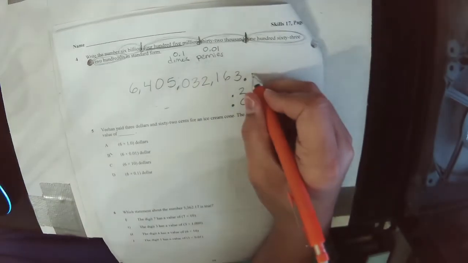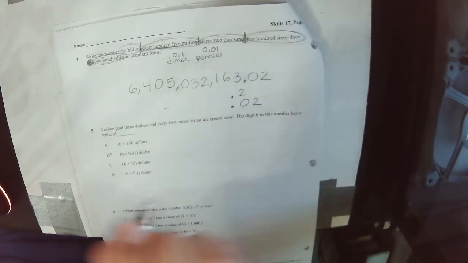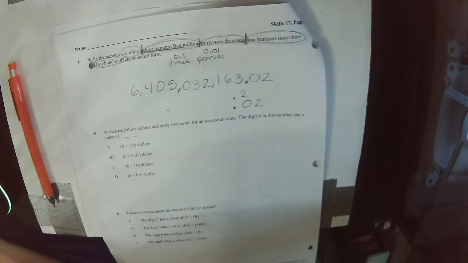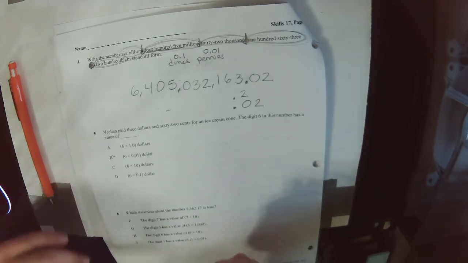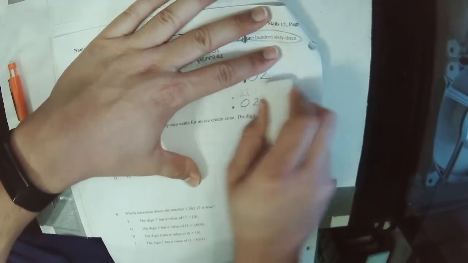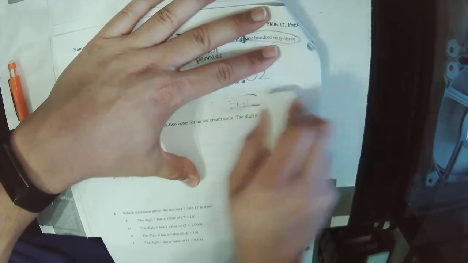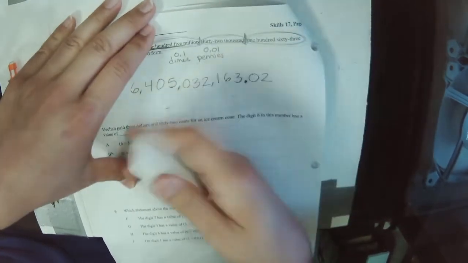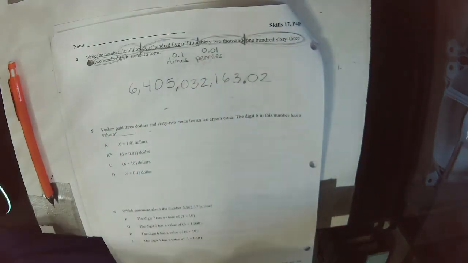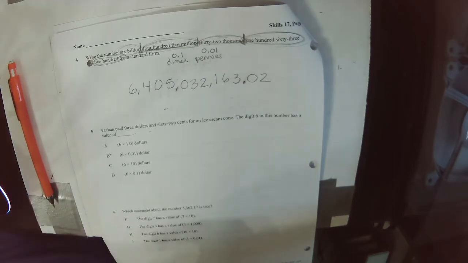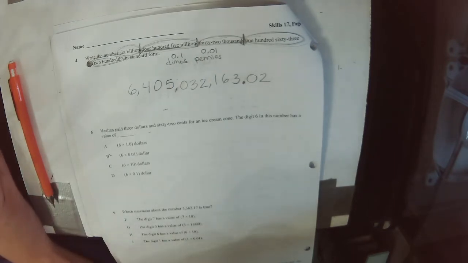I have to put the second one. 0.0. I have to be careful, especially with those decimal place values. I have to make sure I'm putting the numbers in the right place. Otherwise, it is very different. Difference between 2 cents and 20 cents.